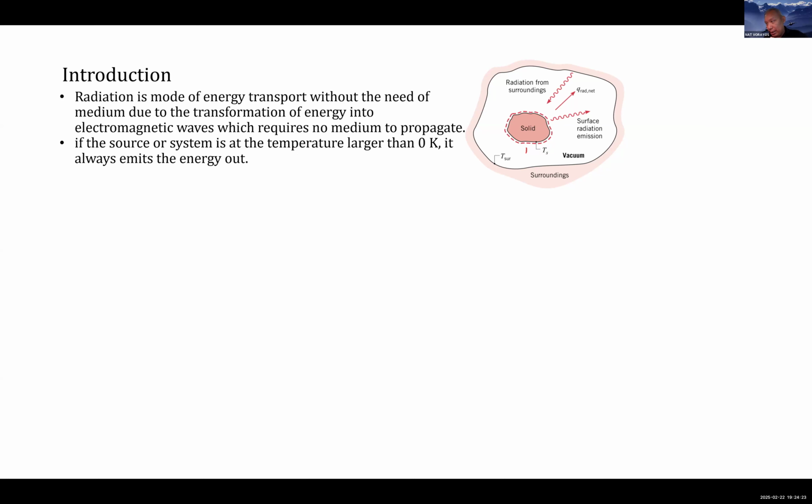And if the average temperature of the surrounding is not 0 degrees Kelvin, it also emits energy back. When the surrounding emits energy back, some of it will reach your system, but not all of it, because some might miss and go back to the surrounding itself.